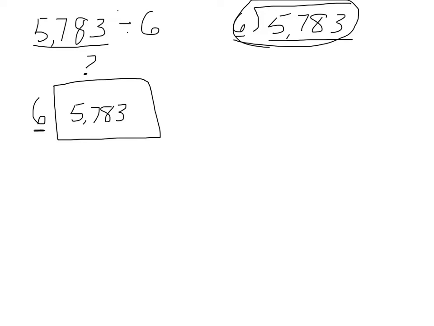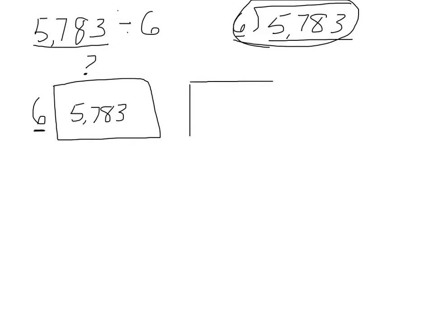So division is just dividing a number into groups and making equal groups of items. And with this problem, we'll have a remainder, which just means a leftover number of items. So this is a big number to divide, and so what I'm going to do is break it down.